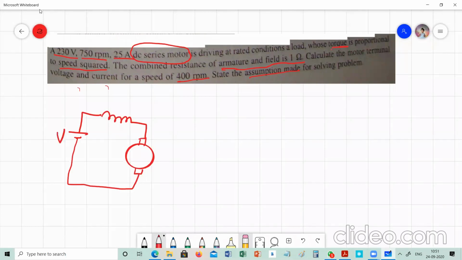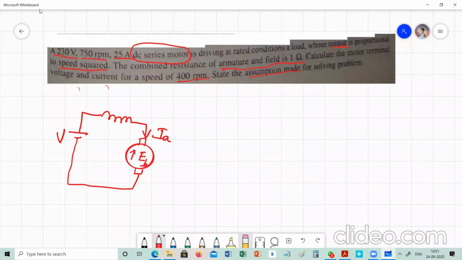This is the terminal voltage V. This is the field current or armature current IA. And the back EMF you can denote with the symbol capital E or EB. Okay, this is the circuit diagram.